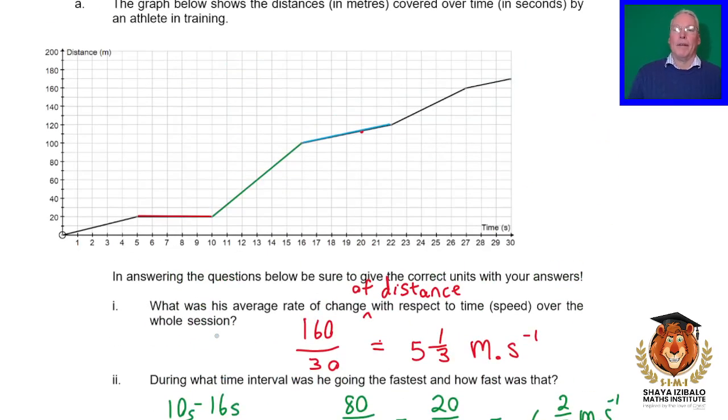Just checking that. It's 20. So it's not 2, it's 20 over 6.